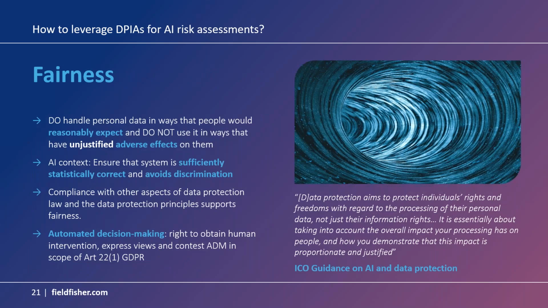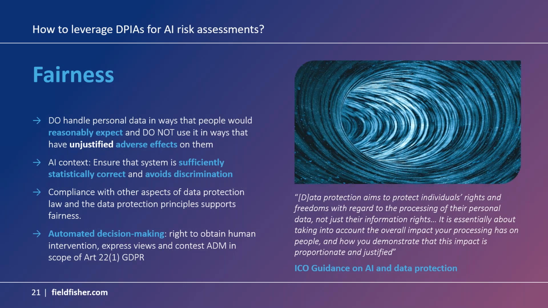Fairness. Fairness is something, of course, we always keep in mind when designing a privacy model, but at the same time it is even more important in AI tools. From their design, fairness has to be taken into account.